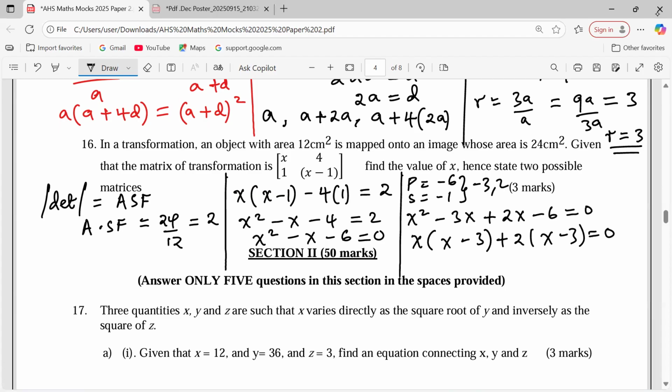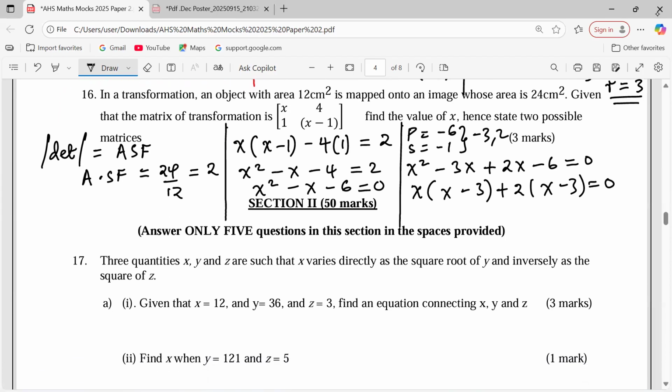At this point, we can pick from inside the brackets x minus 3, then from outside the brackets x plus 2 equals 0. From the first bracket, the value of x shall be 3, and from the second bracket, the value of x shall be negative 2.